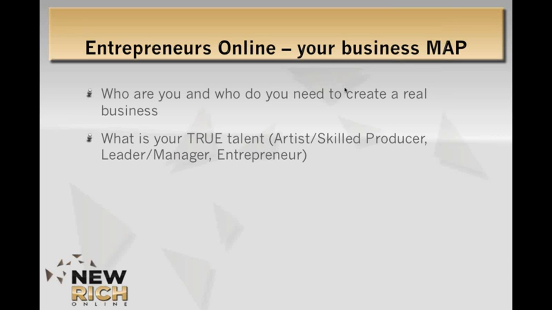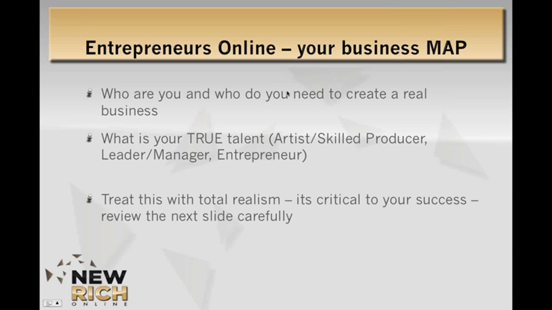The entrepreneur sometimes doesn't make the money. For an entrepreneur, it's the buzz. It's the buzz of creation. So what I'd like you to do, based on what you're going to see in the next couple of slides, is treat this with total realism. It's absolutely critical to your success. So let's go to the next slide and review this very carefully.